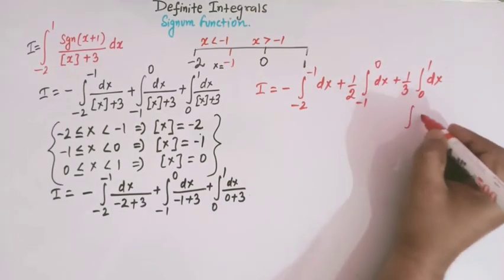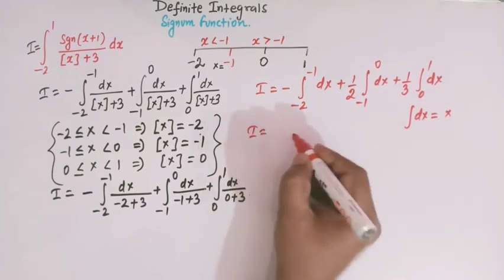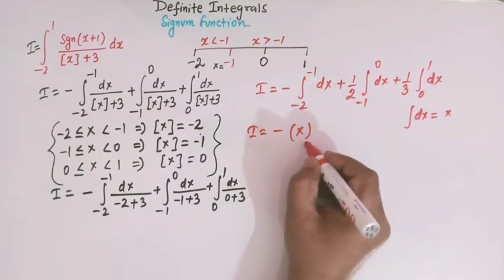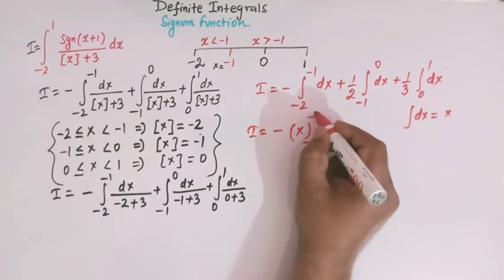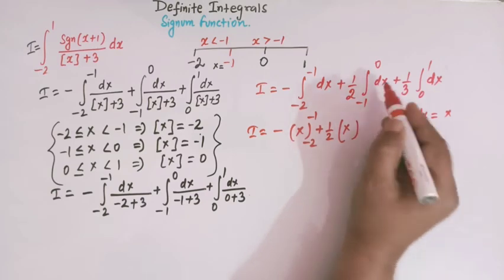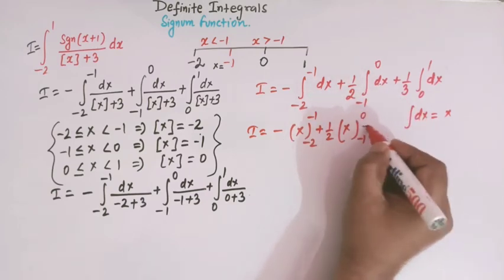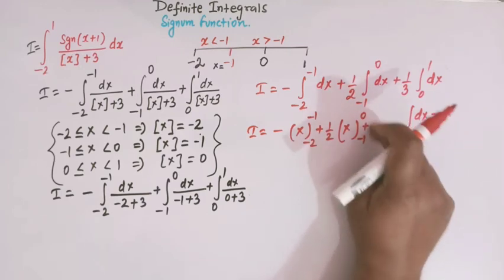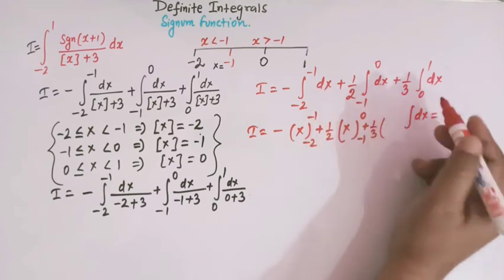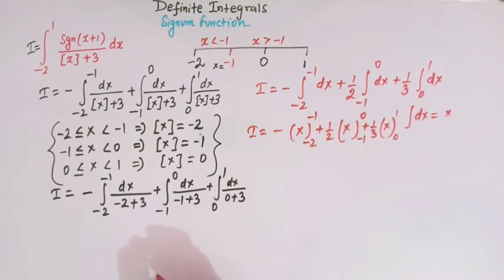So now we know that the integral of dx is equal to x, so now we can write I is equal to the integral of dx is x, and limits are from -2 to -1, and here we have half, and integral of dx as x from -1 to 0, and then we have here 1 over 3, and integral of dx is x, and limits are from 0 to 1, right?